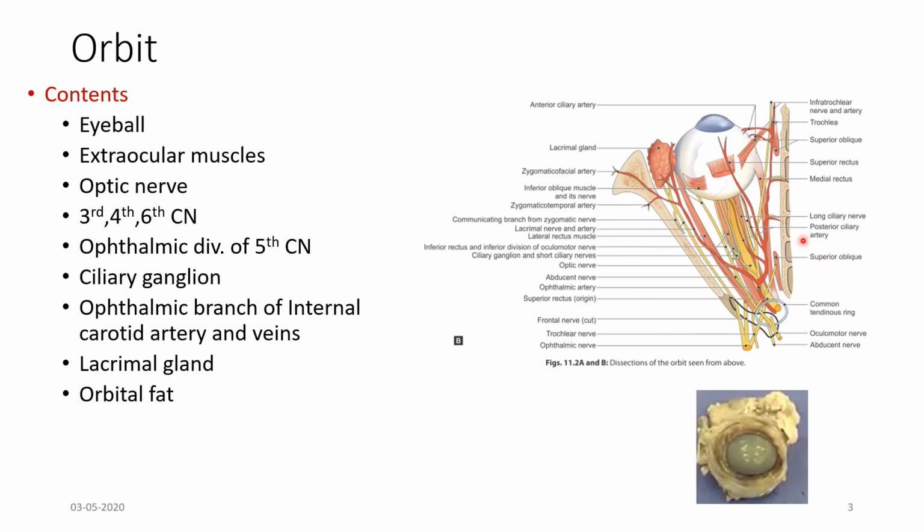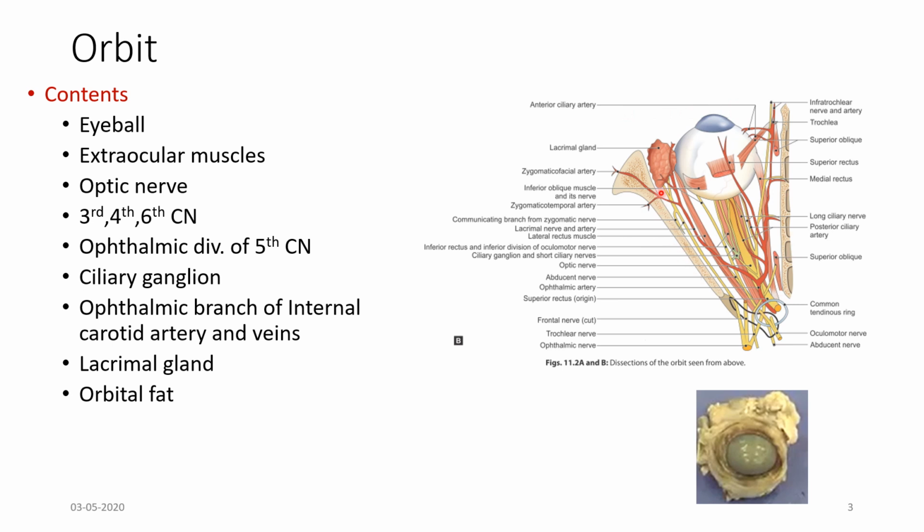What are the contents of this bony orbit? And you have seen this part, the dissection of the cow's eyeball. This is the cornea and this is the sclera. This is the sclerocorneal junction. And you are seeing the extraocular muscles and fat.